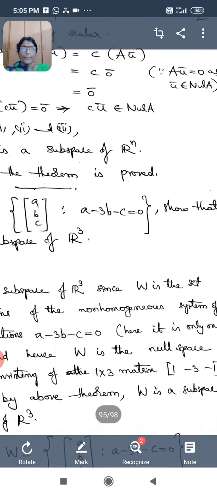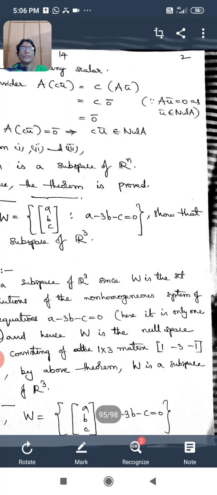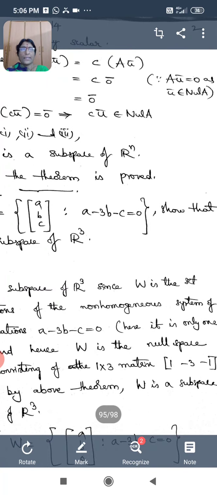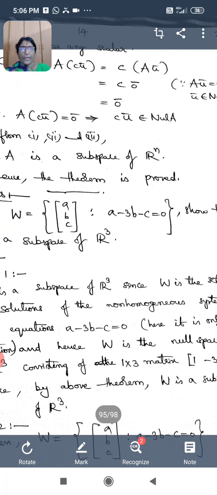And now c times A u bar we can write as c times 0 bar. This is by the reason that A u bar is equal to 0 bar, as u bar is an element of null A. Now c times 0 bar is simply 0 bar. And what is it that we have arrived at?